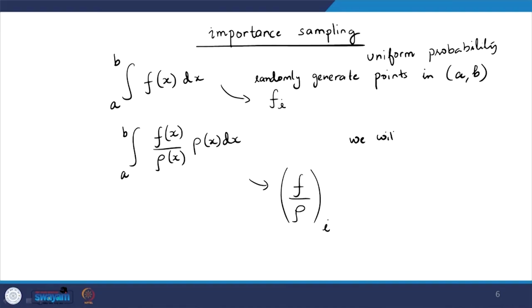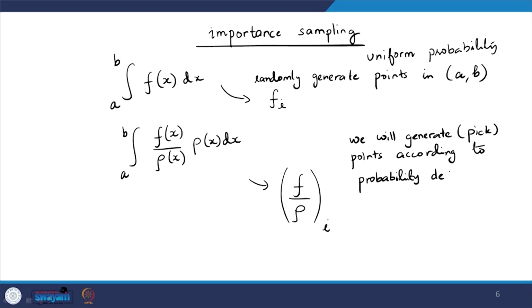But now we can say that we will generate or pick points according to the probability density rho of x, right.